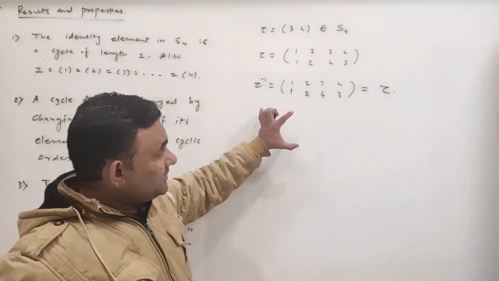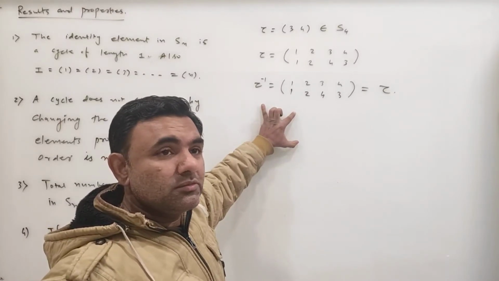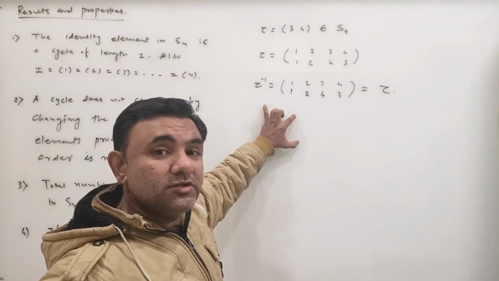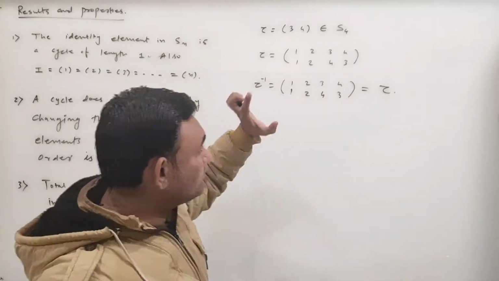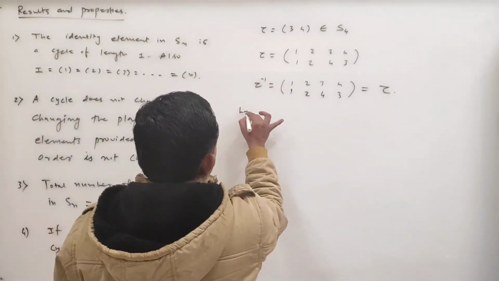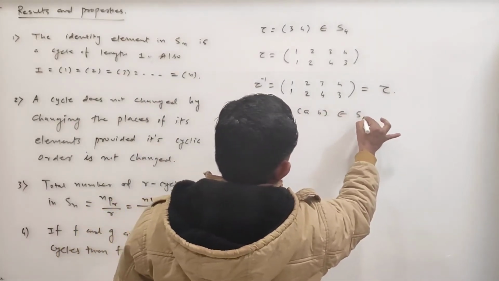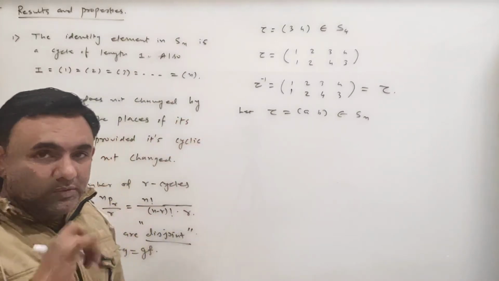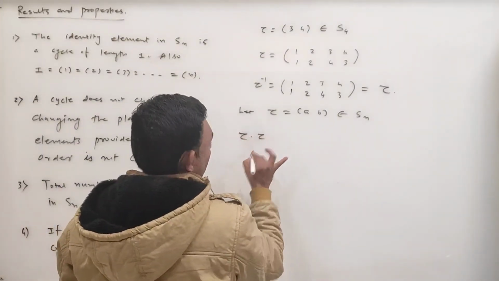So does this happen with every transposition? The answer is yes, it happens. So tau inverse is tau. So let us prove it in general. Let tau equal (a1 a2) belong to, say, Sn. Then you just find tau into tau.